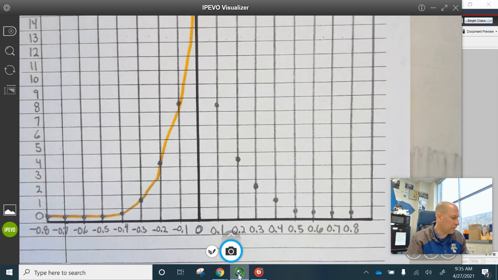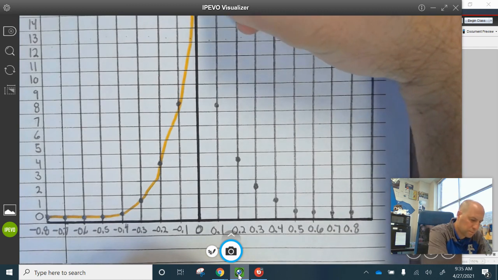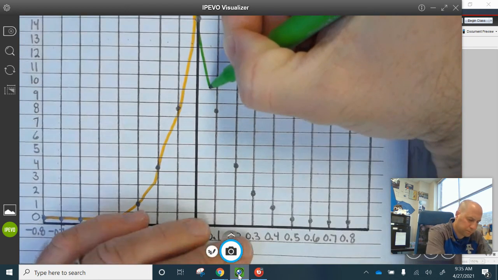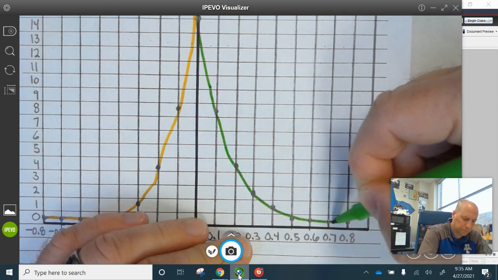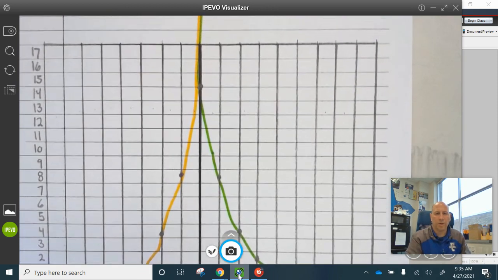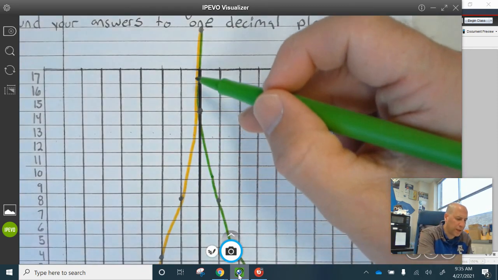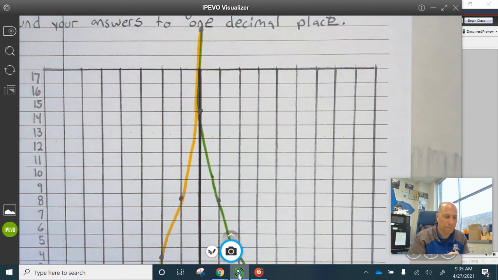We have our points graphed. Now it's hard to tell where exactly our point of intersection occurs, but it occurs somewhere here.